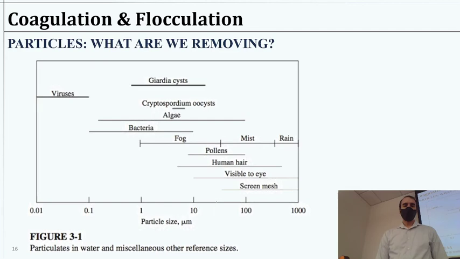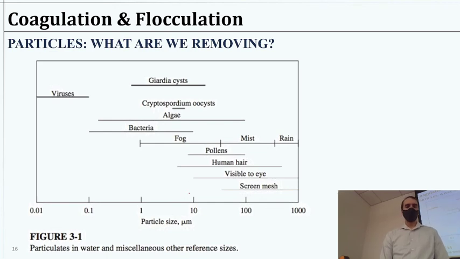So if we're considering what's in this range, maybe we can remove stuff that's generally visible to the human eye if you look closely. It's a nice little plot here of stuff you can see. Got human hair, pollens. So sedimentation might be able to remove some pollen. If you had soil particles on here, you might have silt particles.